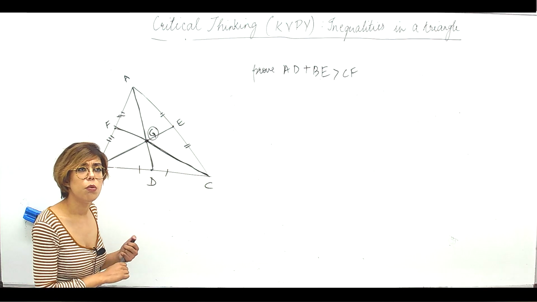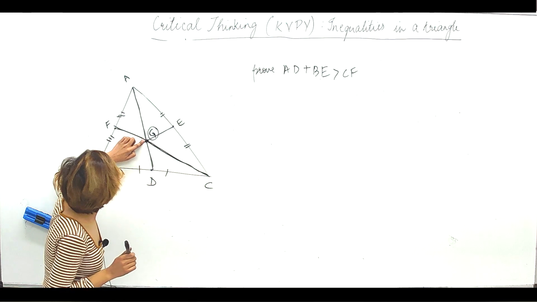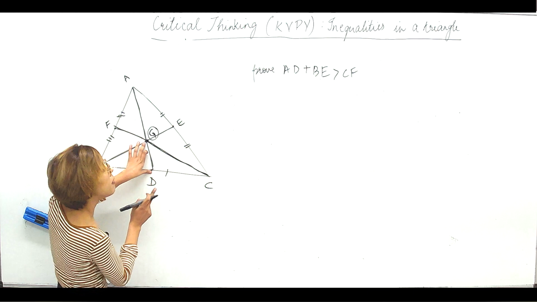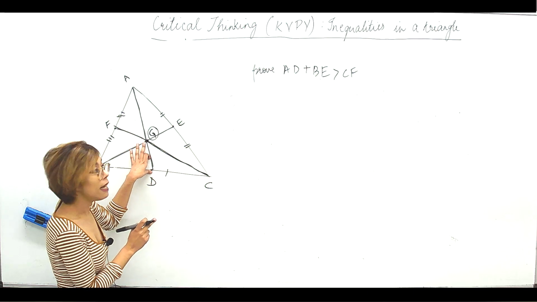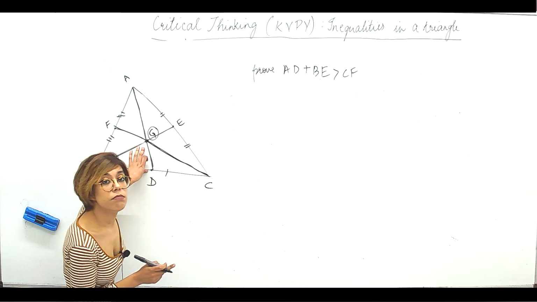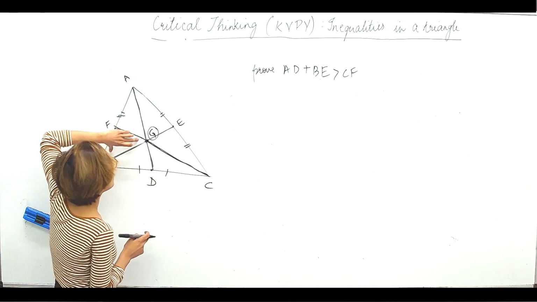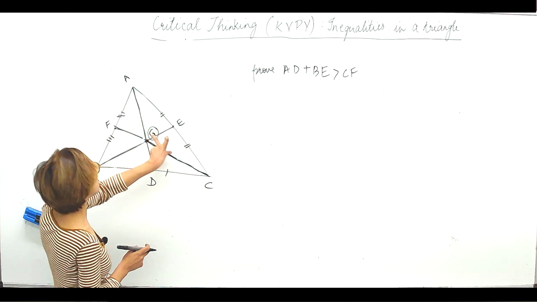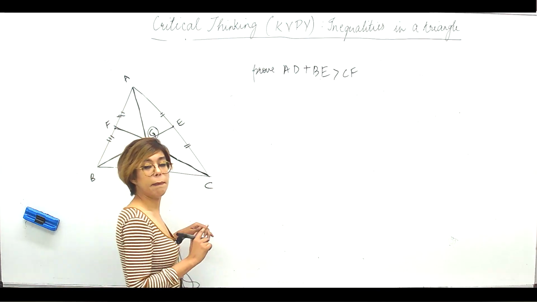What does it do? Centroid divides the median in the ratio 2:1. Right? That means AG ratio GD is equal to 2/1. And BG ratio GE is 2:1. And CG ratio GF is 2:1.